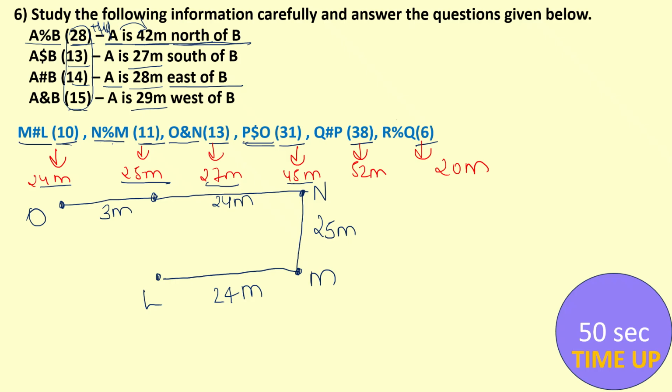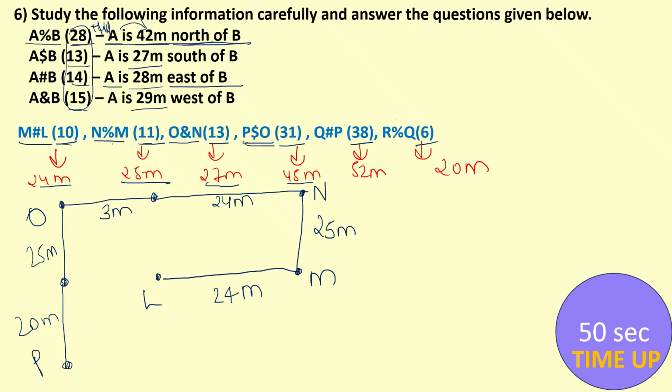P $ O means P is to the south of O by 45 meter. So if this is 25 meter, then for 45 meter I'll require how much more? 20 meter. And this is your P.